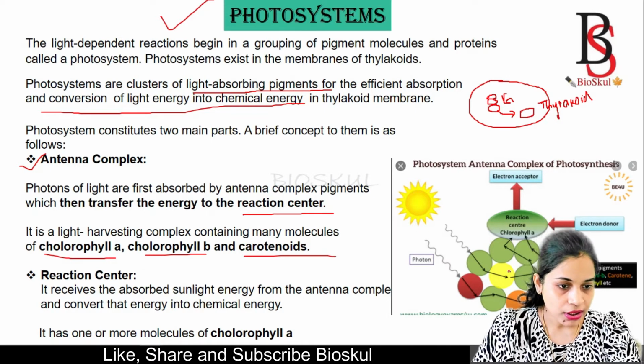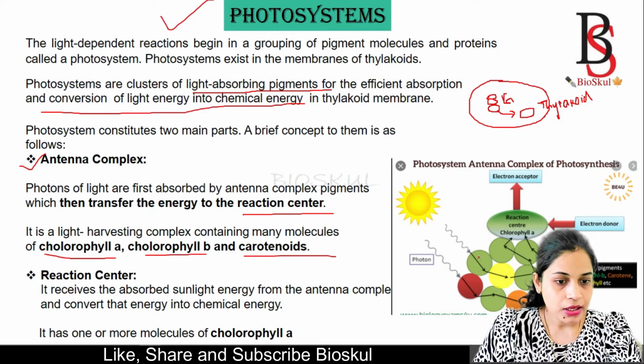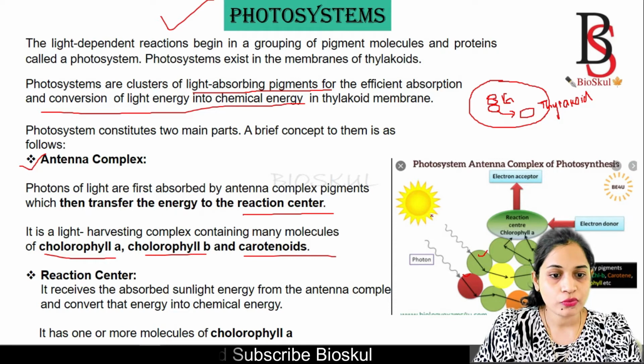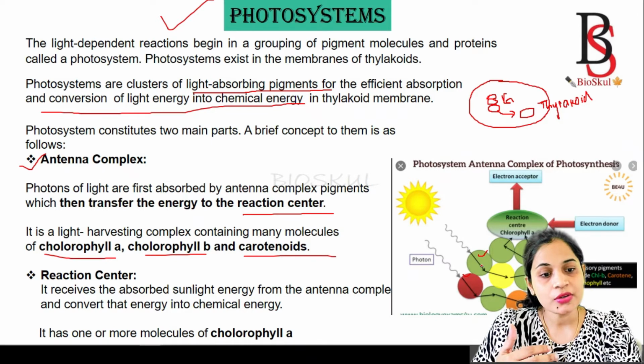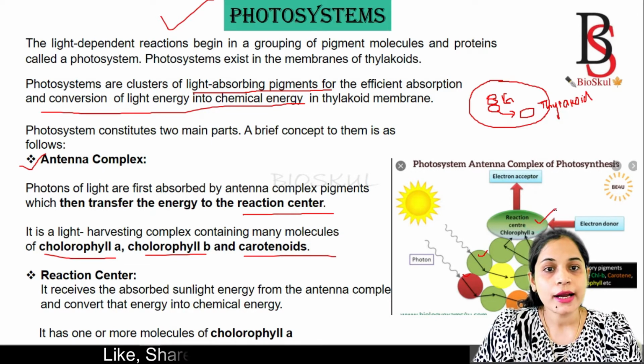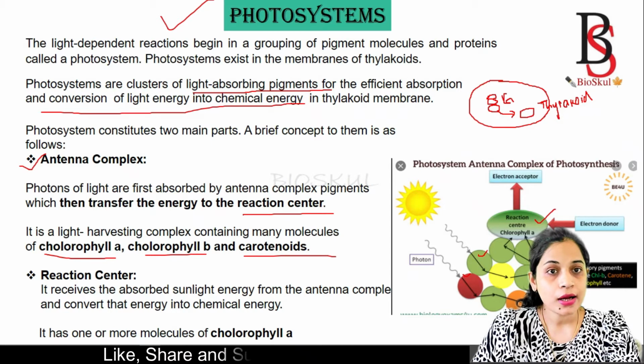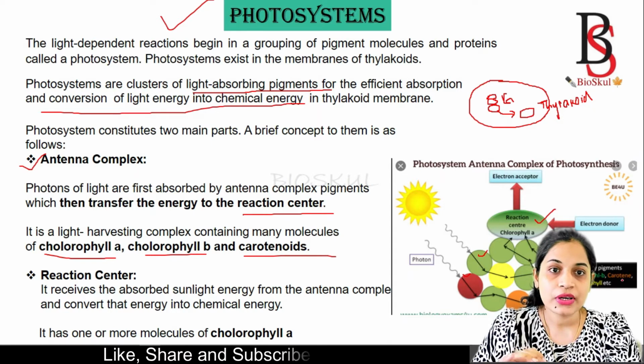Here in the diagram you can see these pigments. These are the antenna complex. First, the light energy or the photon from the sunlight will be absorbed by the antenna complex. Then after that it will be transferred to the reaction center. The antenna complex consists of different accessory pigments like chlorophyll A, chlorophyll B, carotenoids, etc.